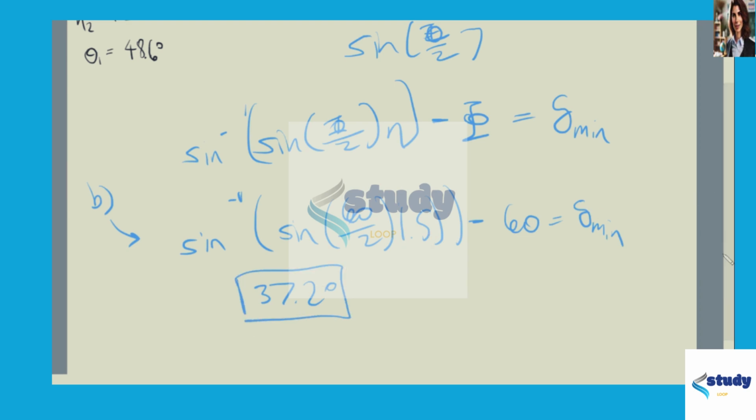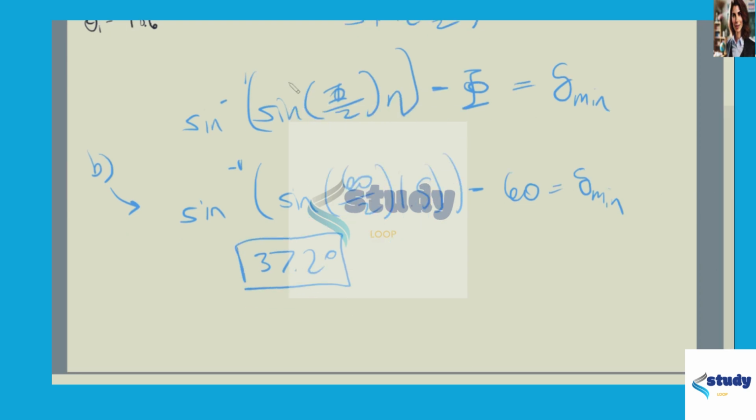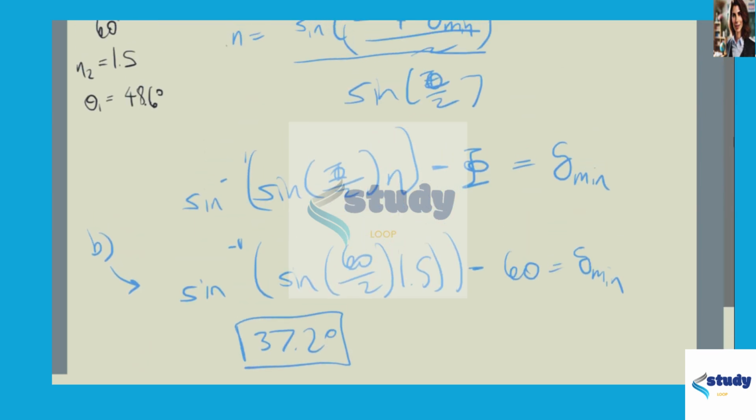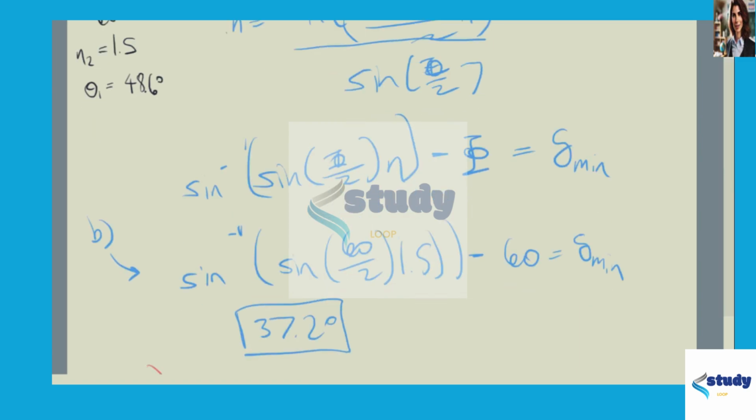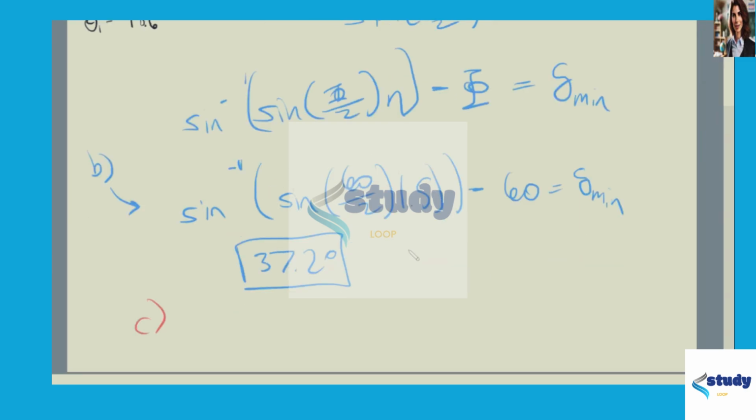So for C, we're going to do the same thing. We're going to use the same equation, but this time we're plugging in a theta value. So what you'll notice is that in no part of this equation does the angle of incidence play a factor.